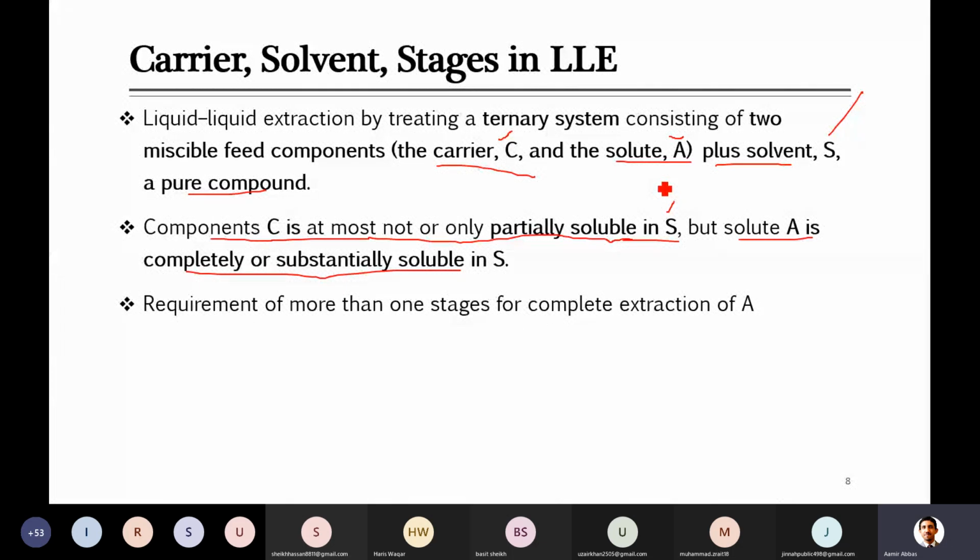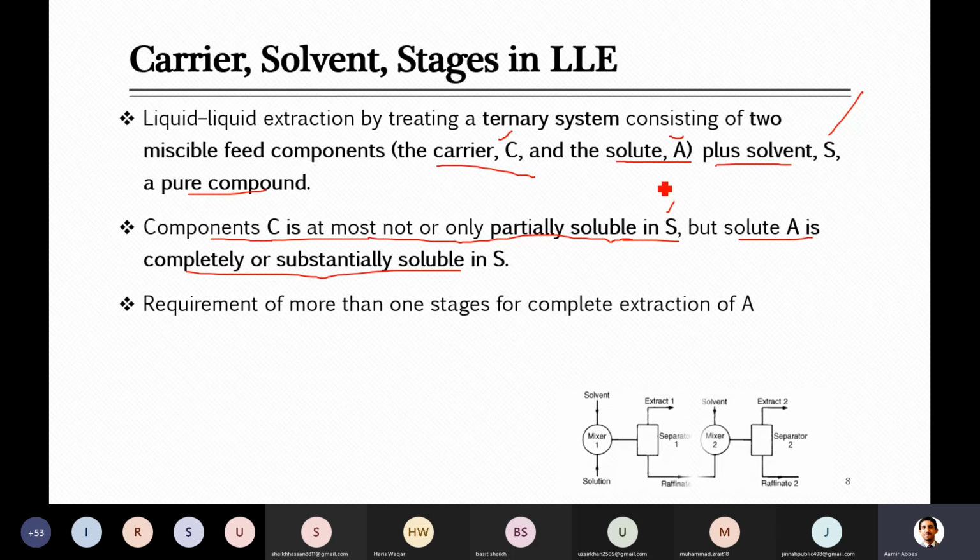In those, if you remember, most of the time you have only one column, one for absorption and one for distillation. But here the difference is that in liquid extraction, to treat your feed by bringing it in contact with the liquid, you will most of the time have more than one stage, because to completely get rid of these components you need more stages.